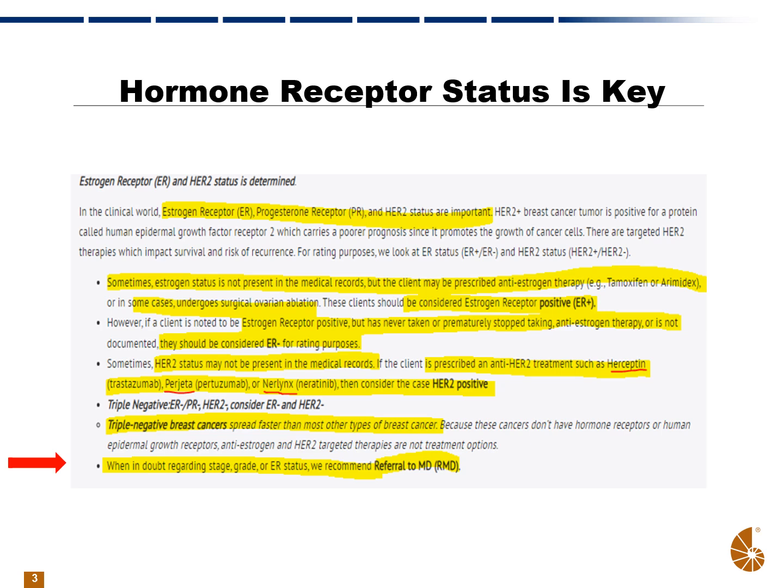So when you see a pathology report and they include these studies, take note of whether the estrogen receptor or progesterone receptor are positive or negative, and what the HER2 status is. When in doubt regarding any of these factors, if you're confused or not sure which way to go, refer to the medical director.